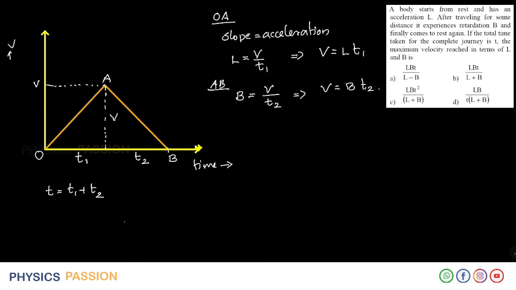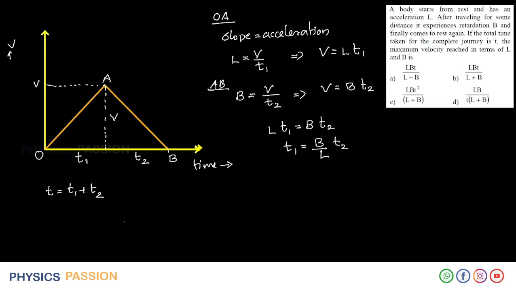That is, L into t1 is equal to B into t2, or t1 is equal to B by L into t2.